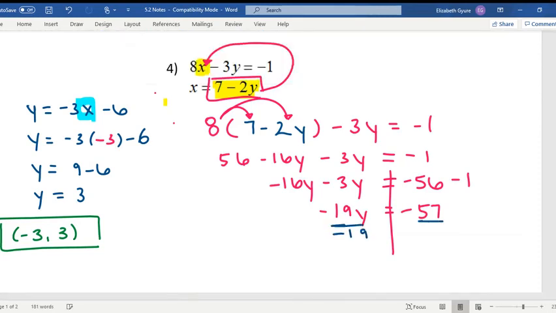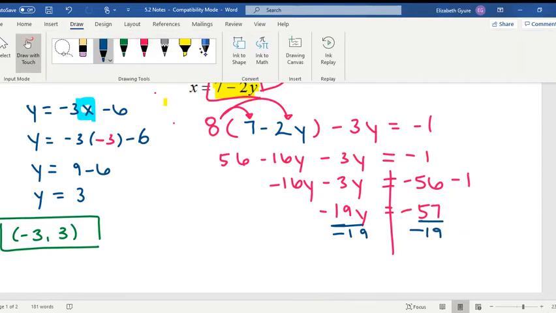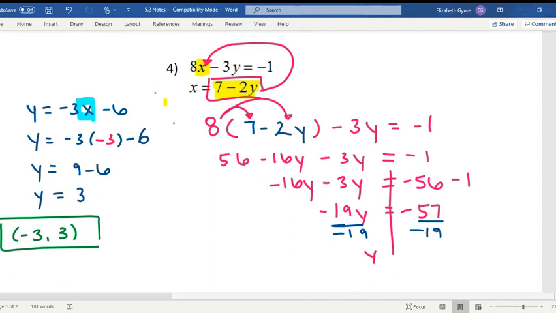Divide by negative 19. Good. A negative divided by a negative is a positive. And then you can always plug this into your calculator: 57 divided by 19 would give you a positive 3.